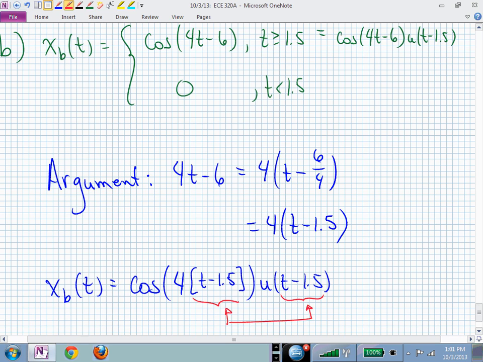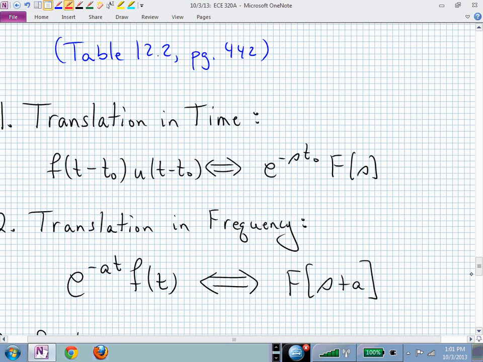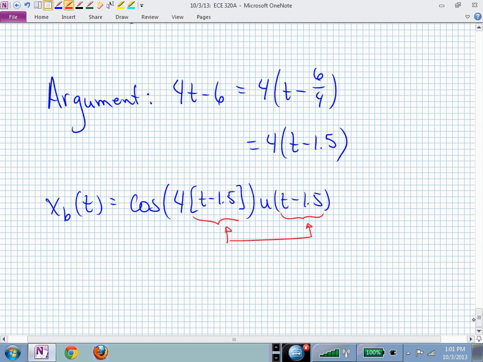And now I can go back to my translation in time operational transform. I now have a cosine with a t that's delayed, t naught, and it's being turned on by that same amount of time, which says that my Laplace transform... if you wanted to get 2 points out of 100 on the exam, you would at least write down the cosine's Laplace transform, right?